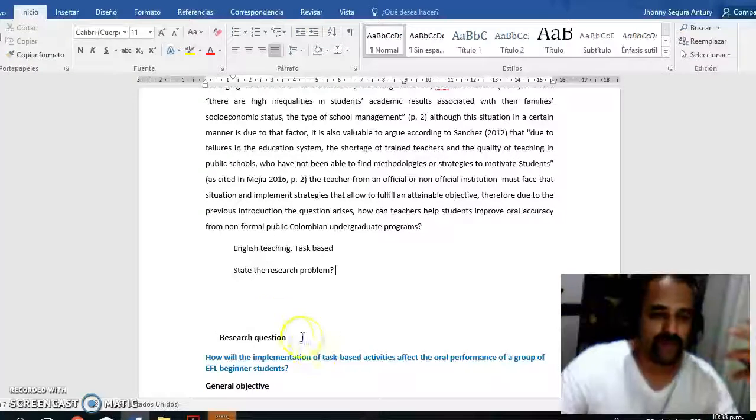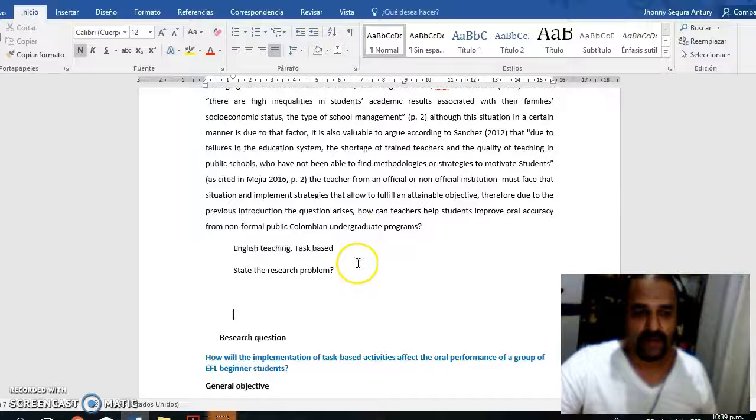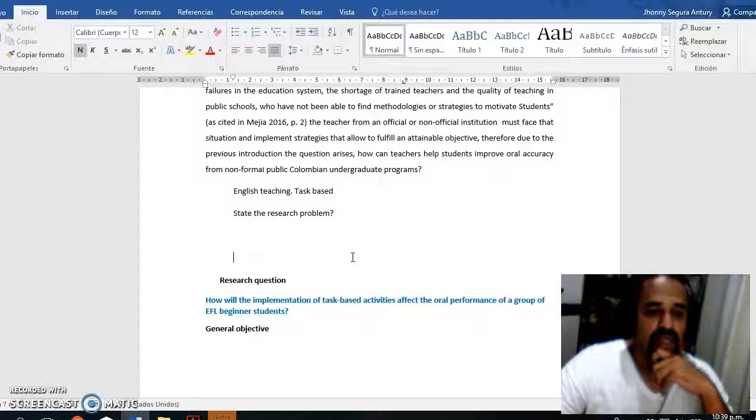So that's something you need to state clearly here as the research problem, which you can do in the introduction. Check the PDF, the tutorial that I uploaded in Edmodo, which is about the research problem. That will give you a good idea.